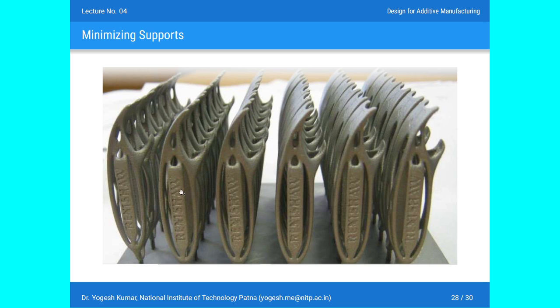Their logo is visible, so I must acknowledge that this is the work done by this company for printing the component with minimum support. Here you can see the portions which were overhanging have been taken care of in a self-supported manner.